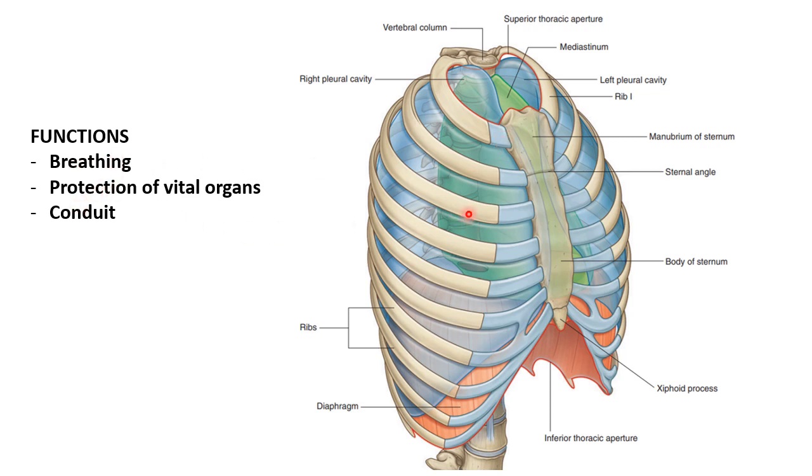Second important function is to protect the vital organs in the thoracic cavity. مثل إيش؟ The heart, lungs, important structures in the mediastinum مثل esophagus المريء, trachea, القصبة الهوائية, the major nerves and blood vessels.